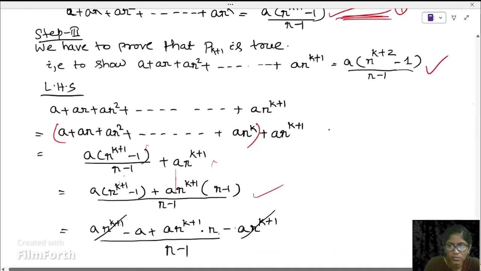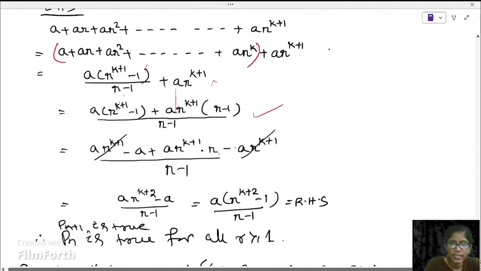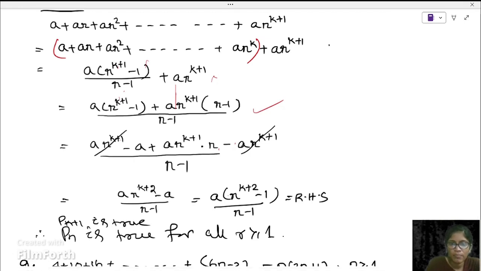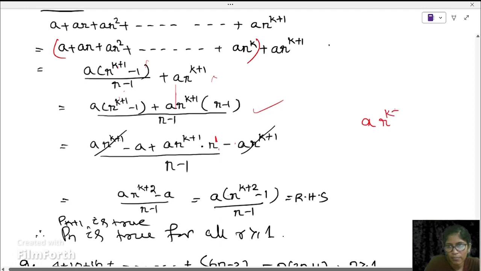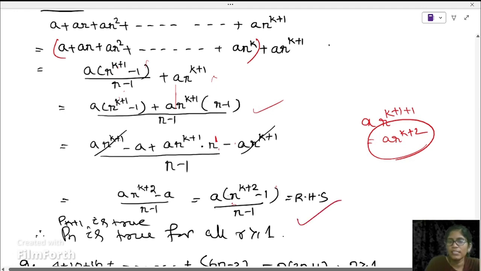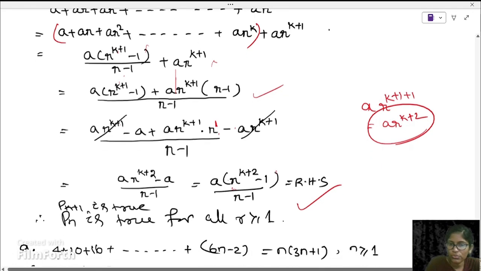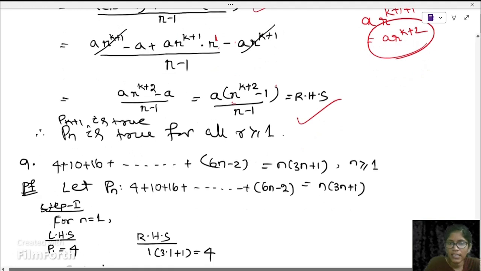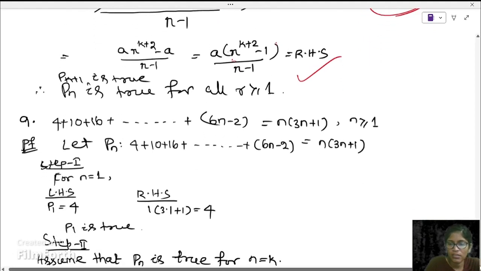The same terms are cancelled, only left a into r to the power k plus 1 into r. That means here r power is equal to 1. That means a into r to the power k plus 1 plus 1, which equal to a into r to the power k plus 2. Okay. Minus a. Taking a as common, a into r to the power k plus 2 minus 1. Okay, Pk plus 1 is true. Since Pk plus 1 is true, that means Pn is true for all n greater than or equal to 1.